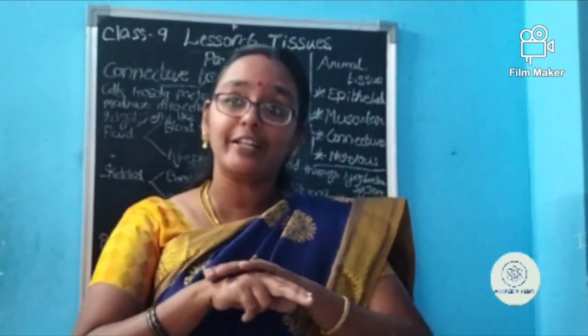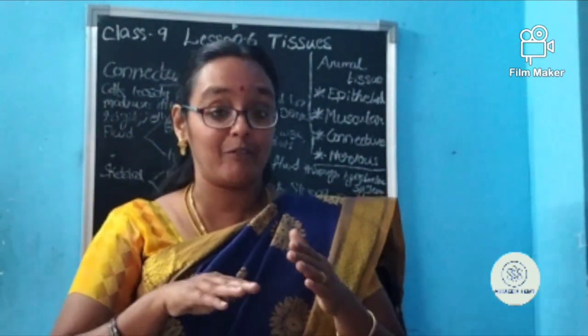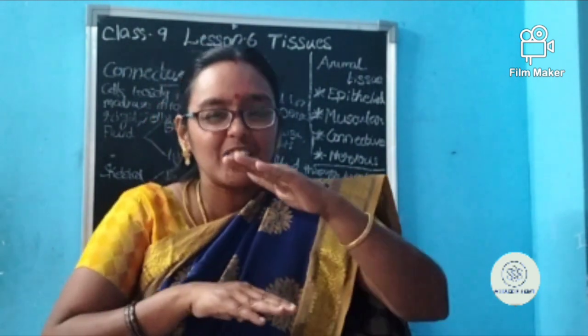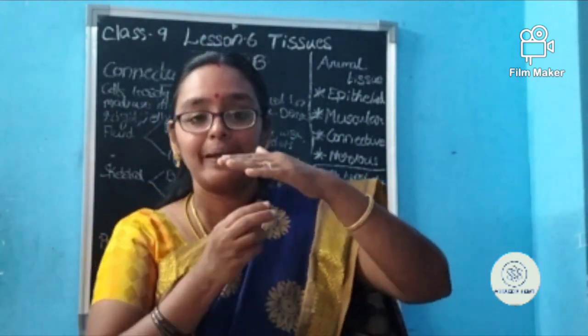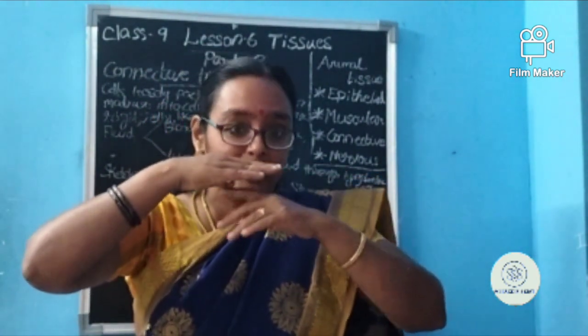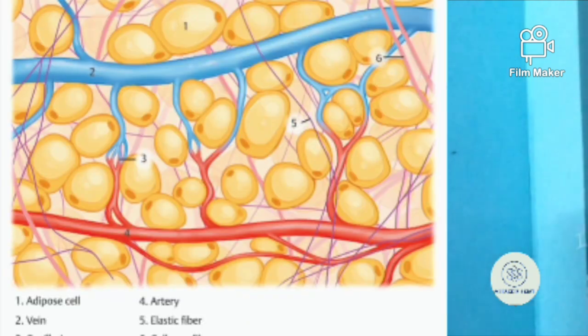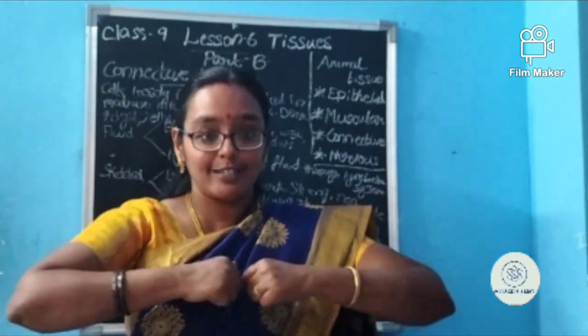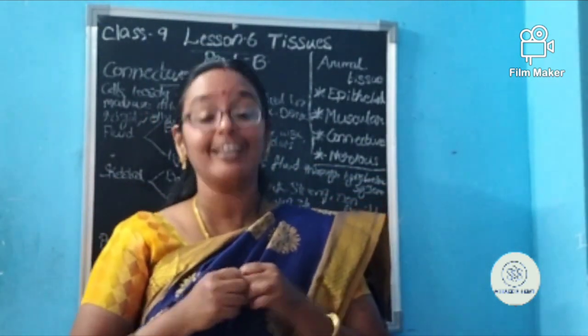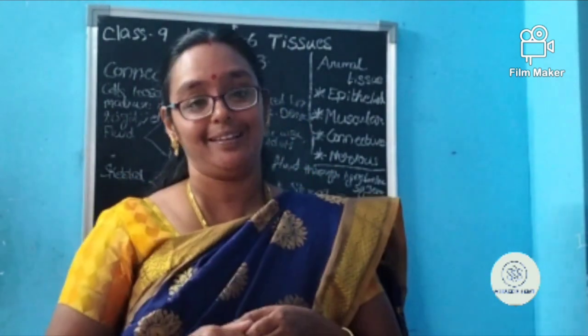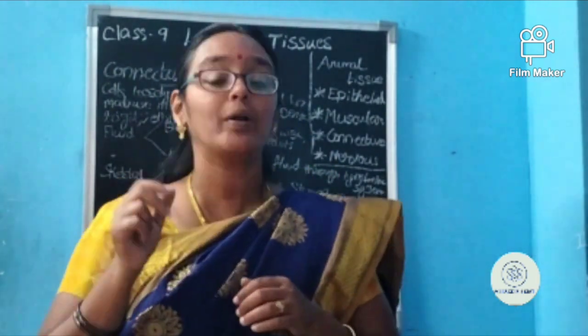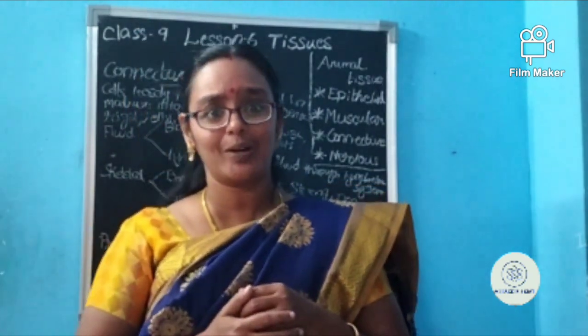Every man or every animal has adipose tissue just beneath the skin. Just under the skin we can see what? Adipose tissue. What is it? It is actually made of fat cells. The cell is not fat; the fat will be stored in the cell. For what purpose is fat stored?